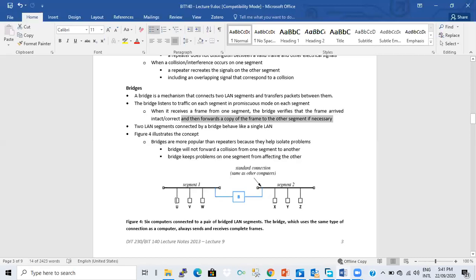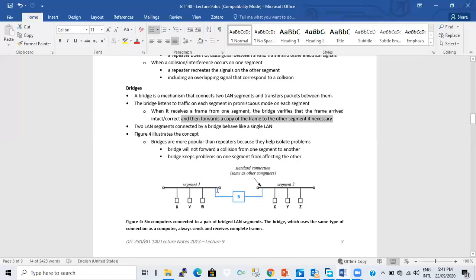If computer U sends something to computer W, there is no need to send it to the other segment because W is on the same segment as U. Immediately the bridge knows that this communication coming on this wire is meant for a machine on the same segment as the sender. Then it will drop it here because it knows the receiver has already gotten that packet.